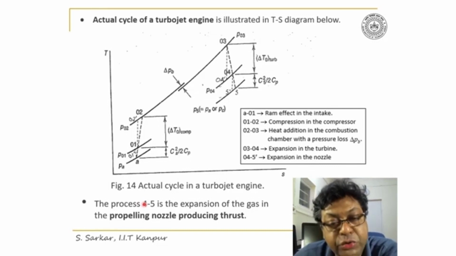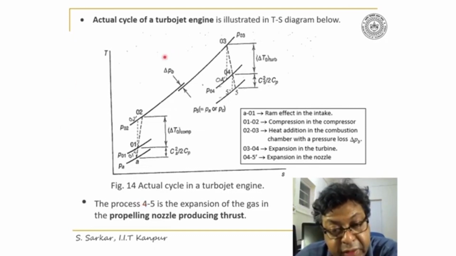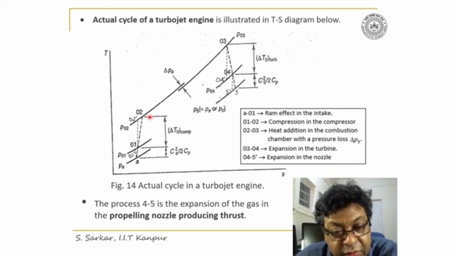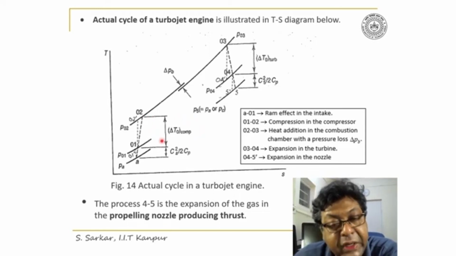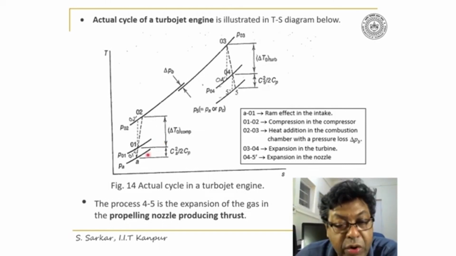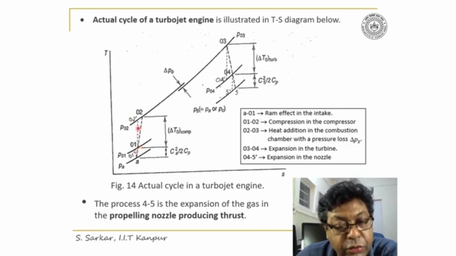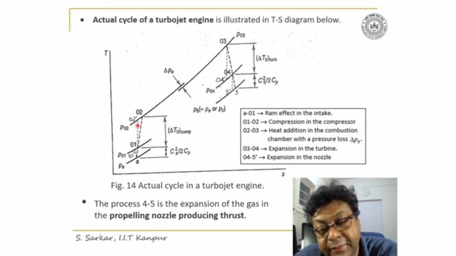And 01 to 02 represents the non-isentropic compression in the compressor, where the temperature rise is represented here by delta T0. And the corresponding isentropic compression is indicated by the dotted line here, which is 01 to 02 dash.